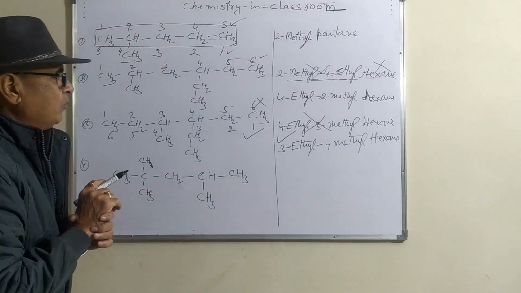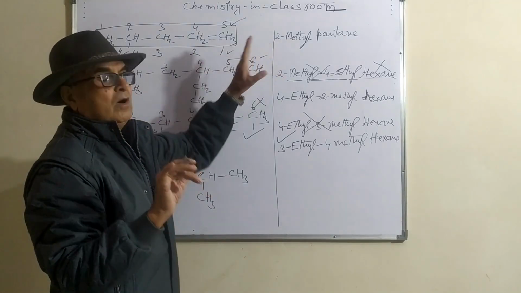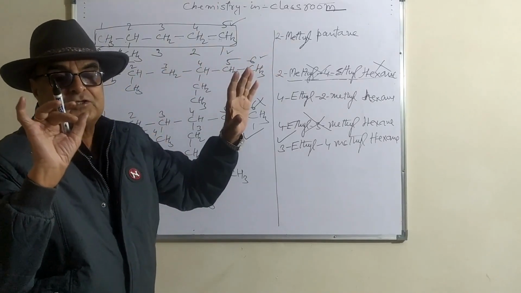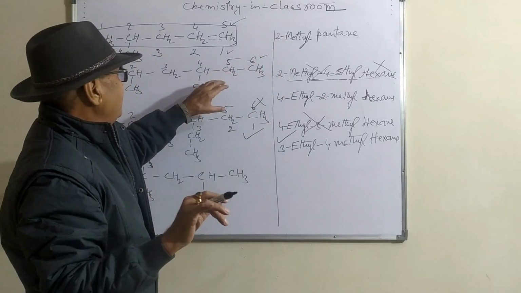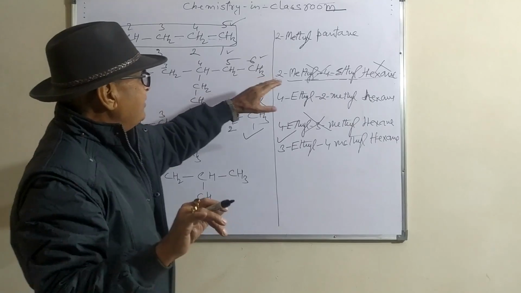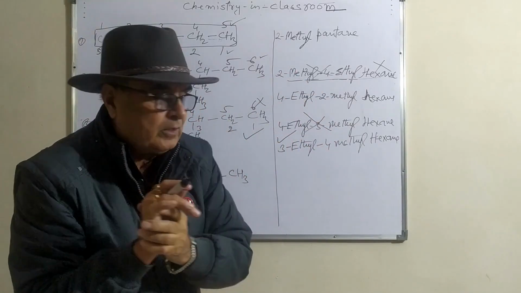So 3-ethyl 4-methyl. So I am telling you about the lowest number. The substituent group must be awarded the lowest number, one thing. Then again I am telling you, write all the prefixes in alphabetical order.